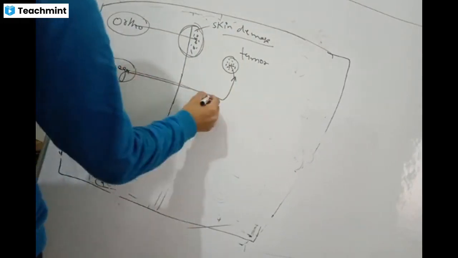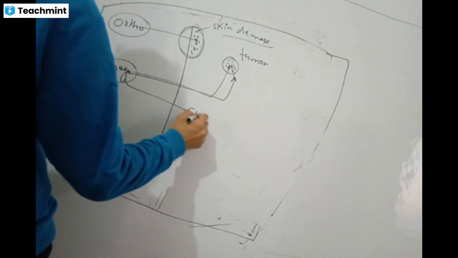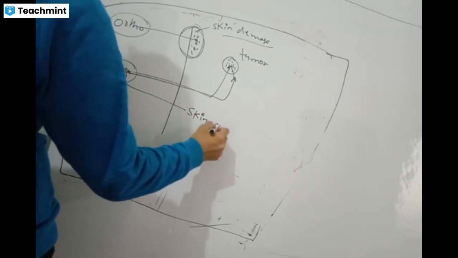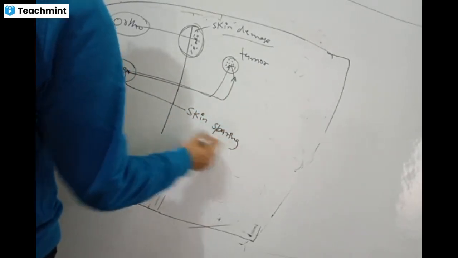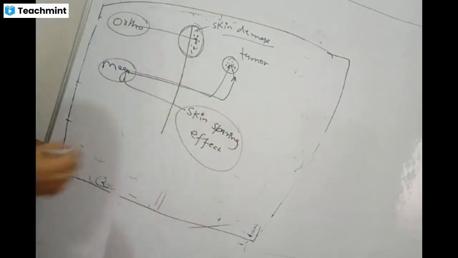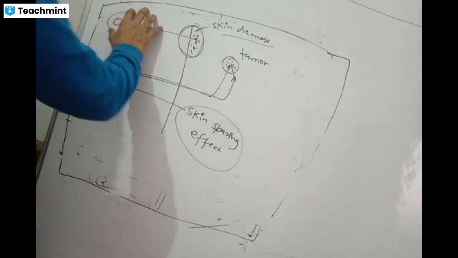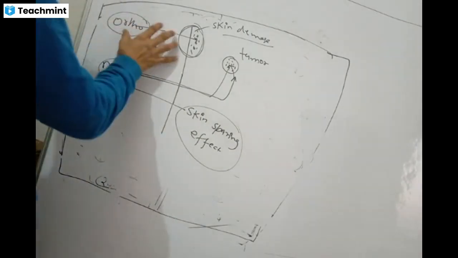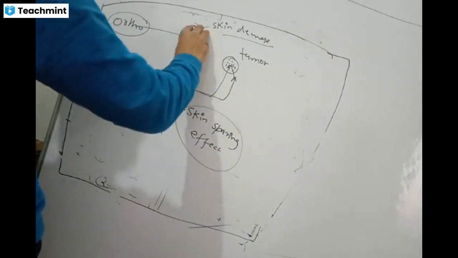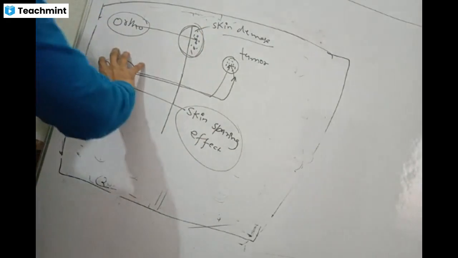But mega voltage crosses the skin and goes to the tumor. So mega voltage has a skin sparing effect. If we are using X-rays which have low energy, just beneath the skin they deposit all their energy, which may cause skin damage.